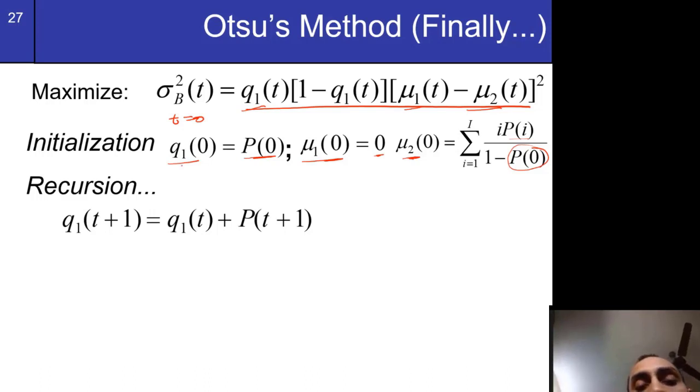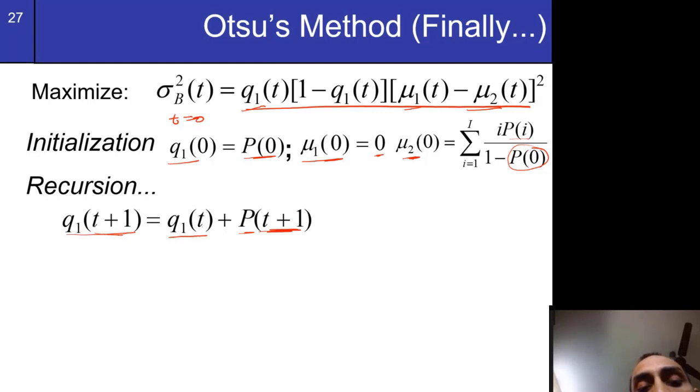Now you can use a recursion to get the next values of q1(t), mu1(t), and mu2(t). How? q1(t+1) is nothing but the number of pixels till t plus, in the next bin, the t plus 1th bin, how many pixels are there.